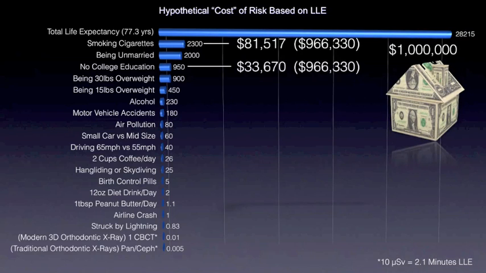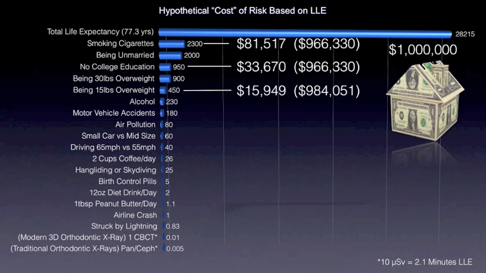If you decide in conjunction that you're not going to attend college, it decreases it by another $33,000. If you have a few extra pounds and carry those around for your lifetime, you're decreasing the hypothetical value of that $1 million house by another $16,000.